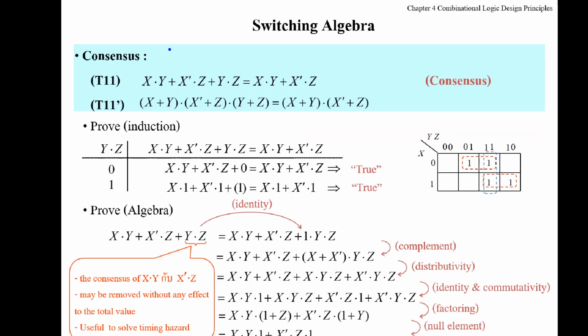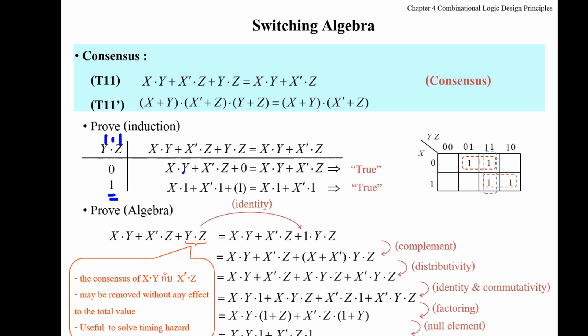To prove this one, let's try to prove it by using induction. Let's consider this one, y and z. When y and z is 0, this term becomes 0, so now the left hand side and right hand side become the same, so it's true. And if I give the condition y and z is 1, that means y must be 1 and z also must be 1.